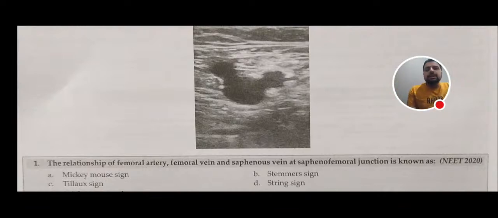So today's first part of radiology: the relationship of femoral artery, femoral vein, and great saphenous vein at the saphenofemoral junction is known as. This question was asked in NEET PG 2020. Mickey Mouse sign, stemmer sign, dialogue sign, string sign.